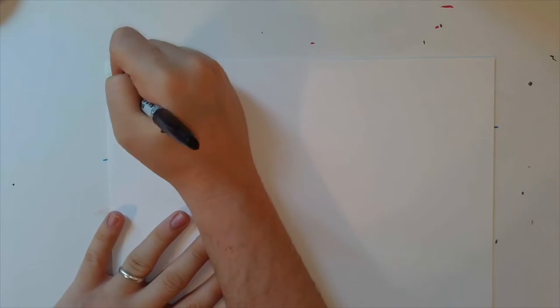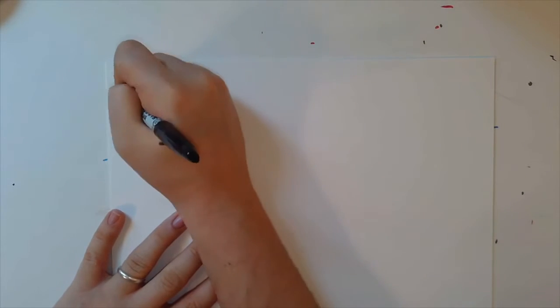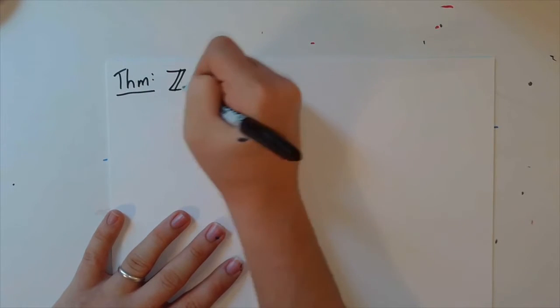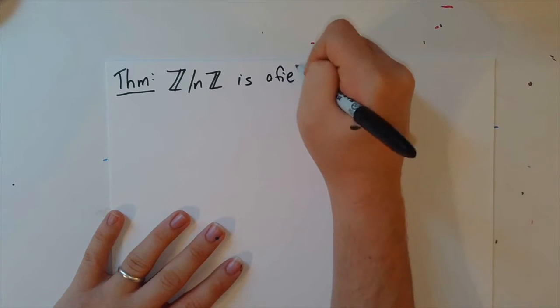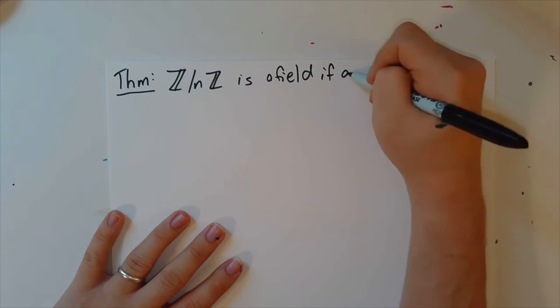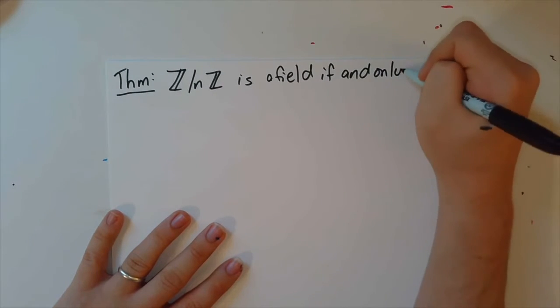And so, in fact, if you try and pick something that's not a prime, it will never work. So, in fact, theorem: Z mod NZ is a field if and only if n is prime.